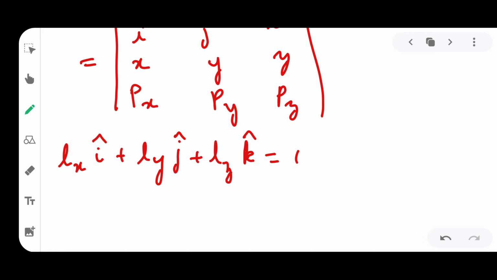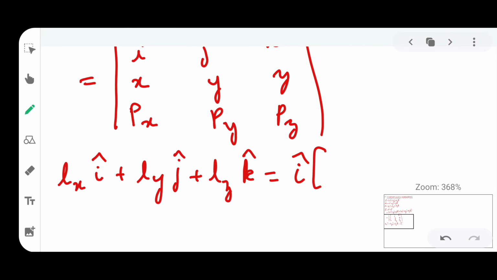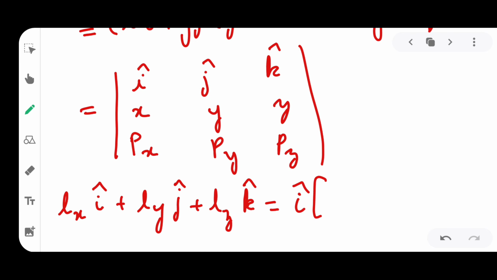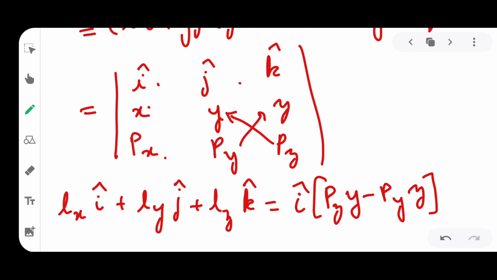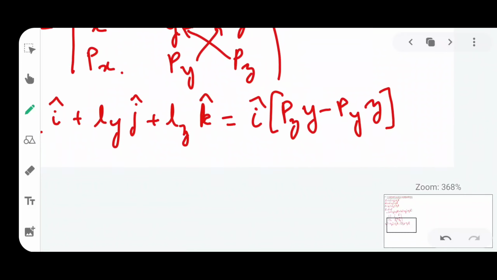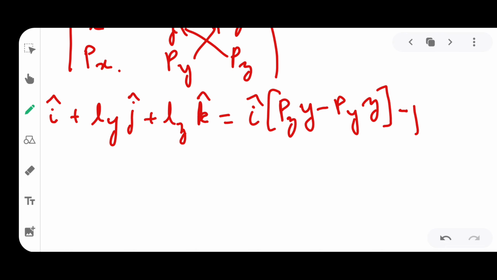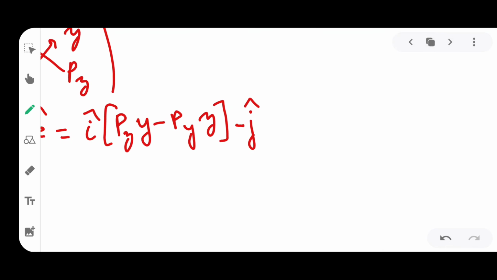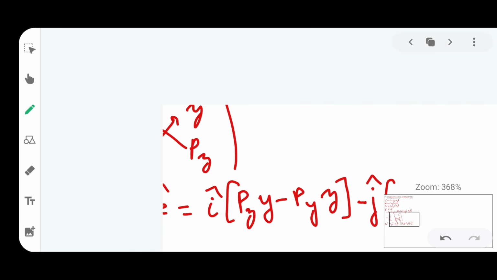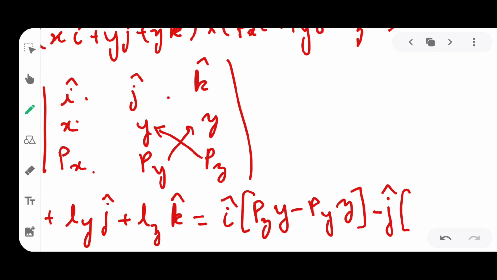So Lx i cap plus Ly j cap plus Lz k cap will be equal to i vector into, what we'll do here, we forget the row and column containing i, and then cross multiply these values: pz into y minus py into z. That is the format. Then since the position of j has a negative sign, we will write minus j cap into, forgetting the row and column of j, pz into x minus px into z.